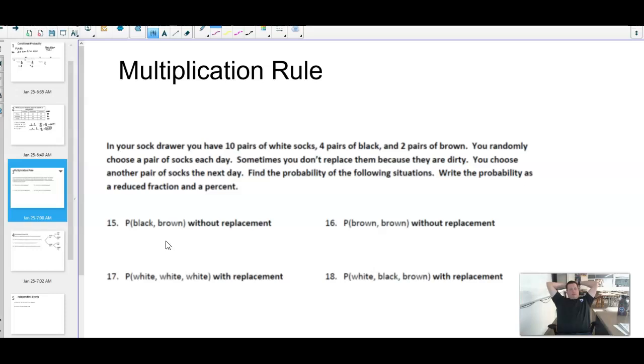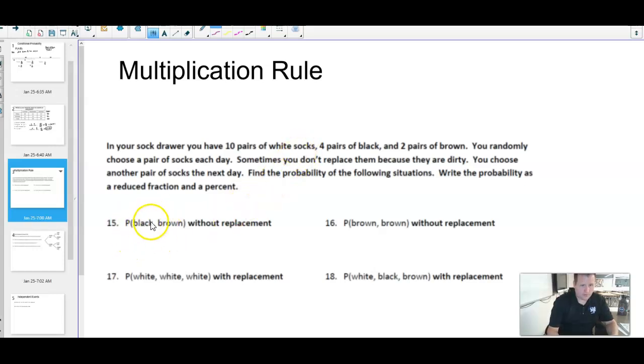We want to know what the probabilities of the following are. For example, on this first one, we want the probability of getting a black pair on the first draw and then a pair of browns on the second one, without replacement. That means I'm not putting them back after I draw the first time.